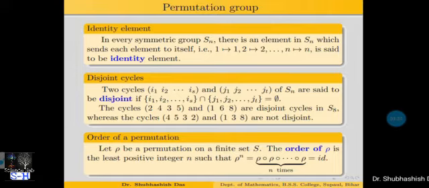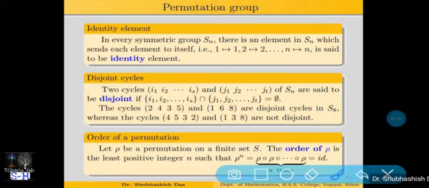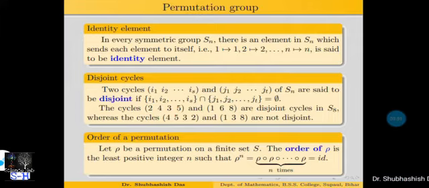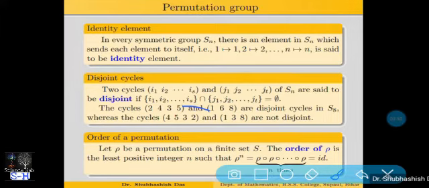The cycles (2, 4, 3, 5) and (1, 6, 8) are disjoint cycles in S8, whereas (2, 4, 5, 3) and (1, 8, 3) are not disjoint.